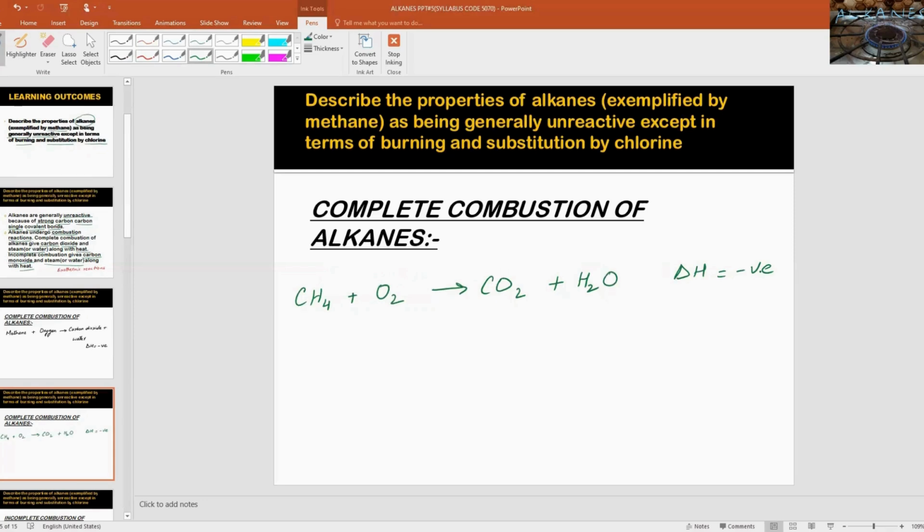Only the carbon atom is balanced on both sides. Both hydrogen and oxygen are unbalanced. So I will write 2 before O2 and 2 before H2O. Now if we count the number of atoms of carbon, hydrogen and oxygen, they are balanced on both sides of the equation.